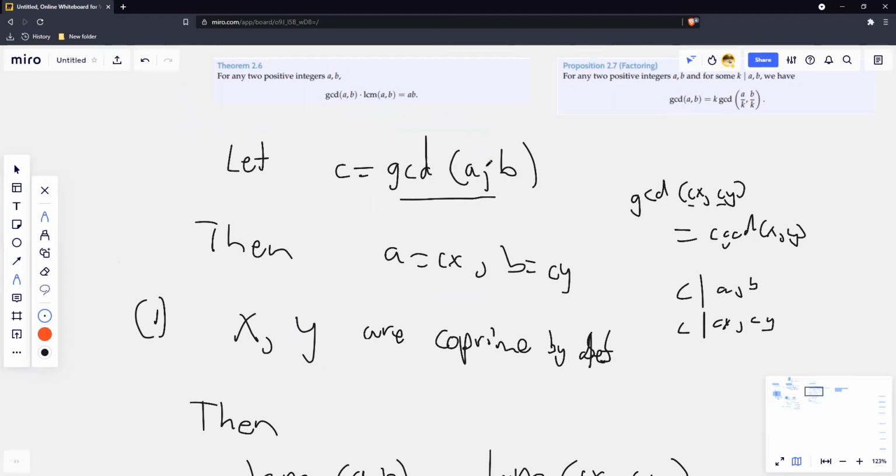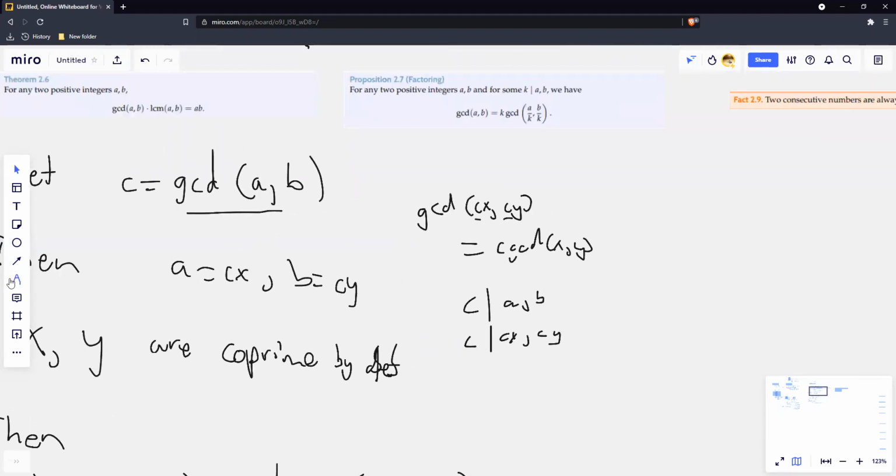So that basically means if C is equal to GCD(A, B), and we let A be equal to CX and B be equal to CY and take C out, we basically have C times GCD(X, Y), and we know that C times GCD(X, Y) should be equal to GCD(A, B), since this is equal to GCD(A, B) and this is equal to C times GCD(X, Y), right?